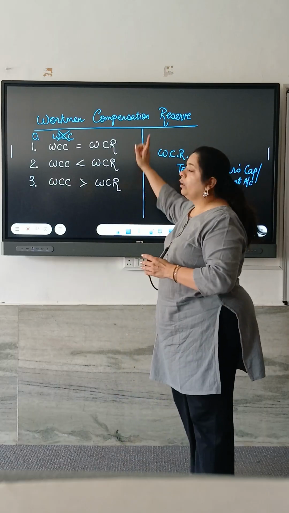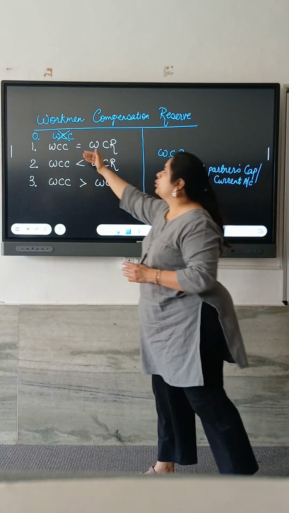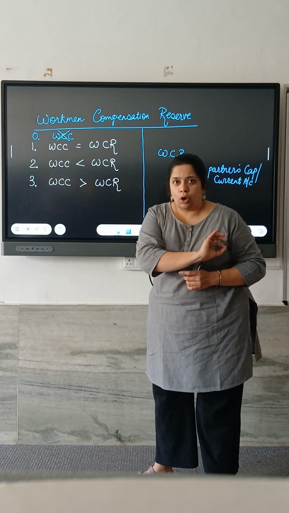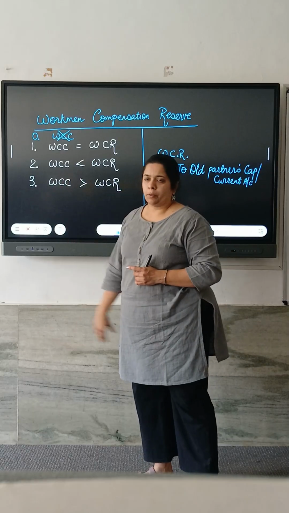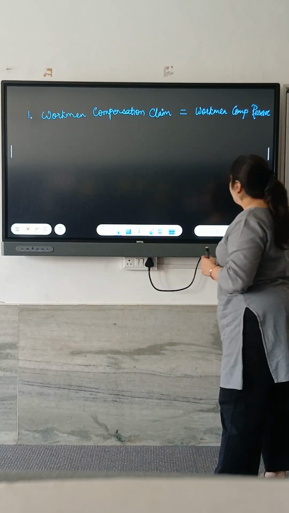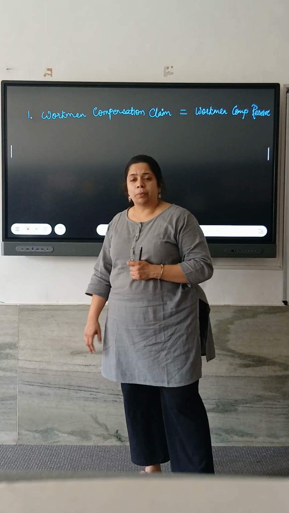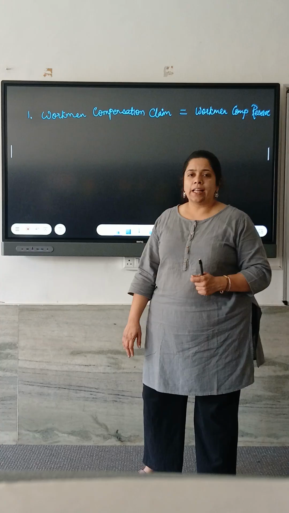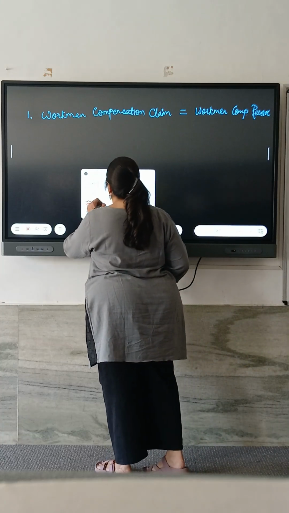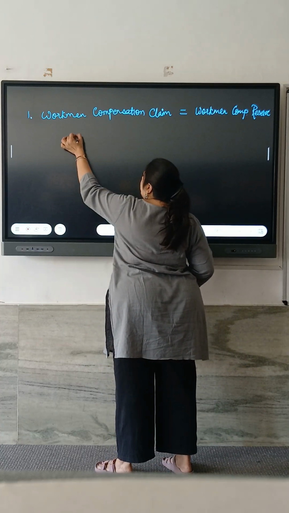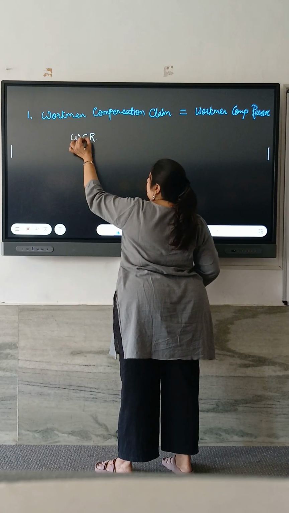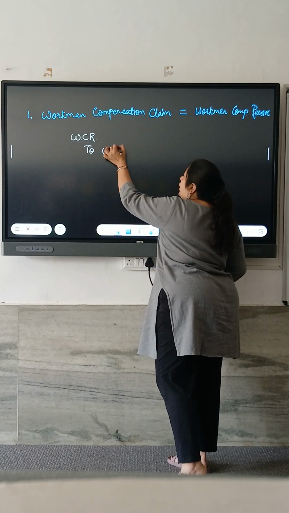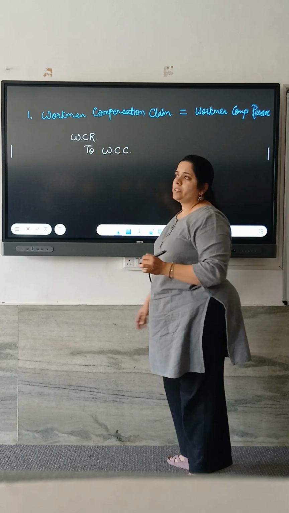Now, let's assume that workers are asking for the claim, and the claim amount which workers have demanded is exactly equal to the reserve amount. So let's assume that the reserve which you have set aside was 10,000 rupees and workers are demanding the same amount of claim. In that case, the reserve which you have created, WCR, will be closed and shifted to the WCC account, that is Workmen Compensation Claim account.